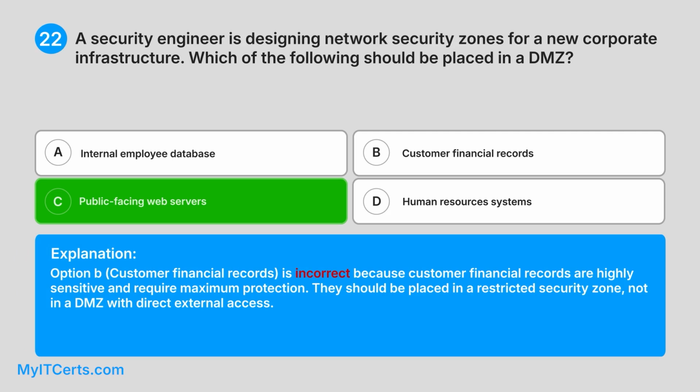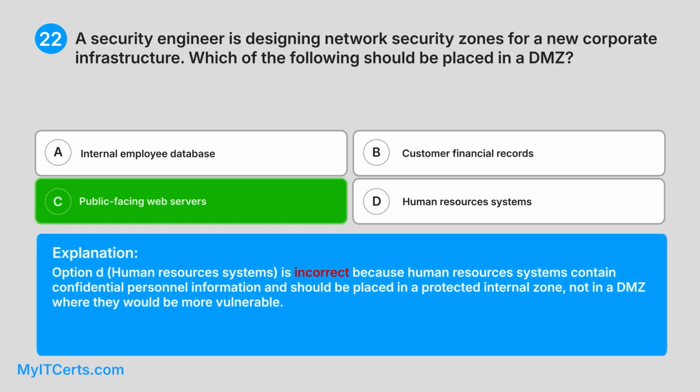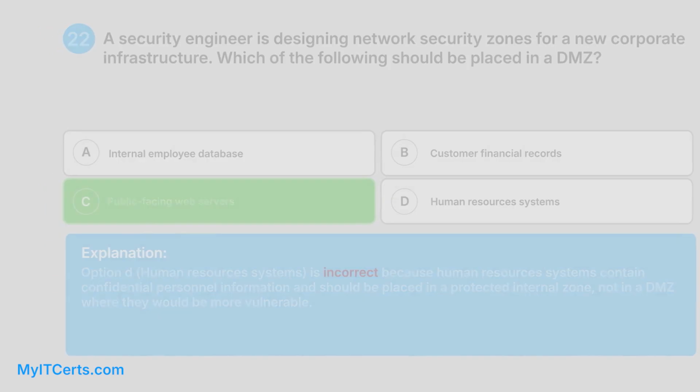They should be placed in a restricted security zone, not in a DMZ with direct external access. Option D, human resources systems, is incorrect because human resources systems contain confidential personnel information and should be placed in a protected internal zone, not in a DMZ where they would be more vulnerable.